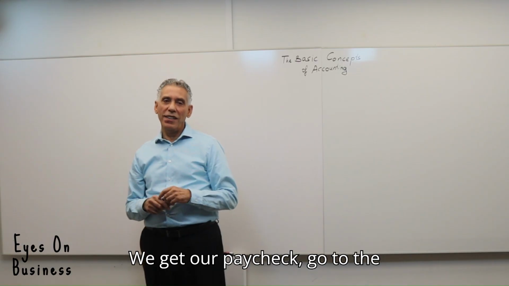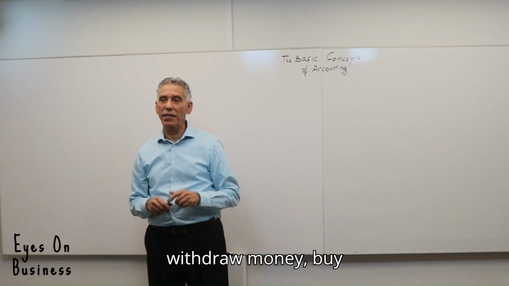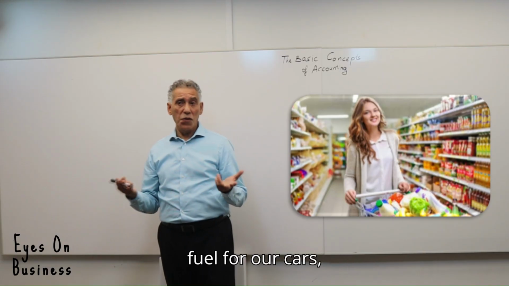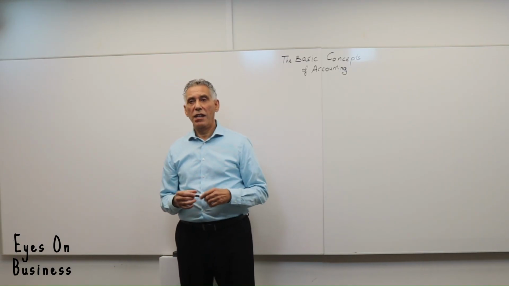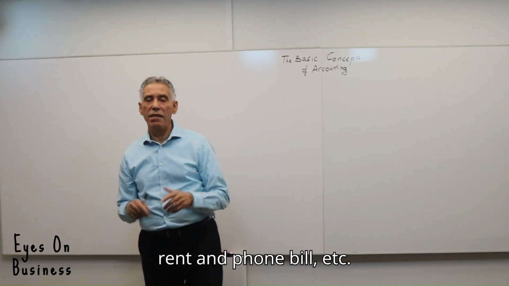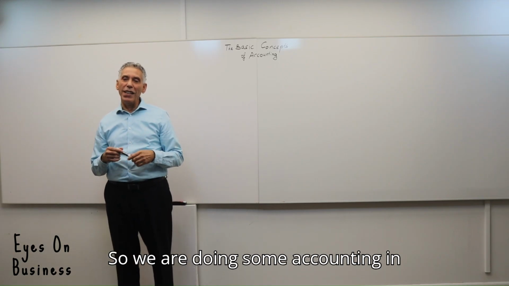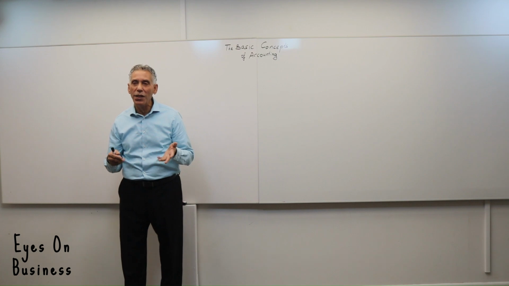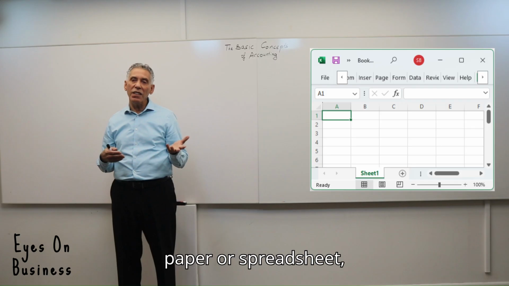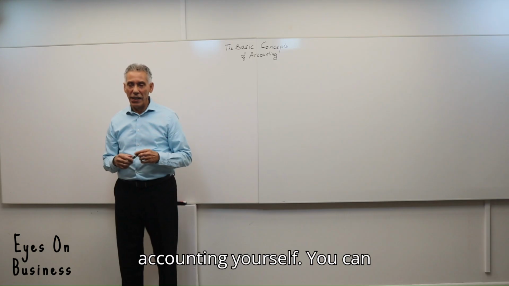We get our paycheck, go to the bank to make a deposit or withdraw money, buy things or groceries, fuel for our cars, and we pay electric, rent, and phone bills, etc. Some people write down what they spend and what they receive, on paper or a spreadsheet, and you can actually do some accounting yourself.